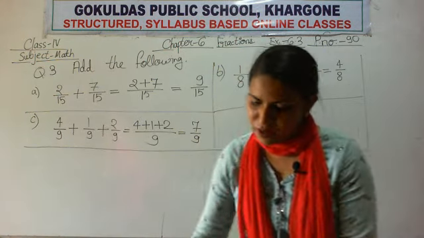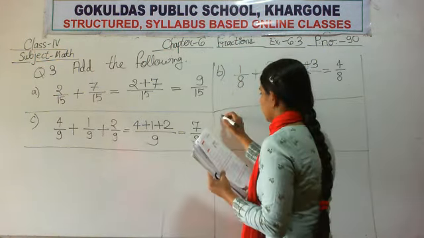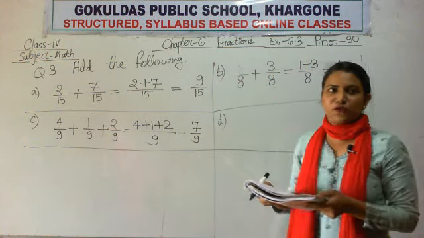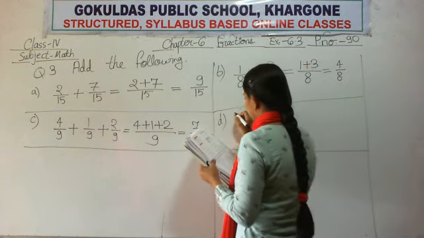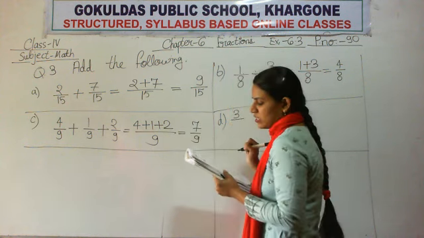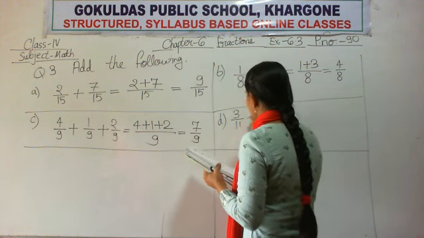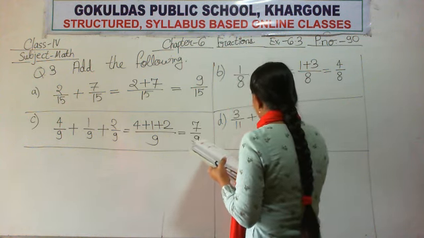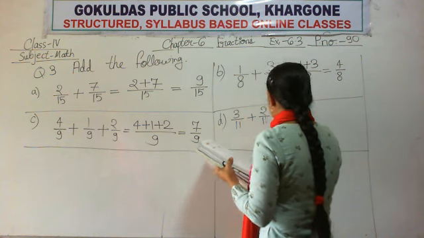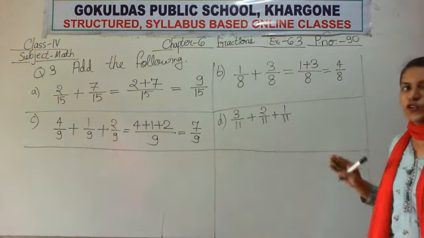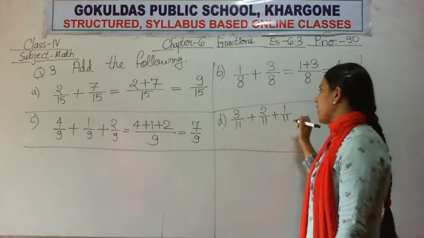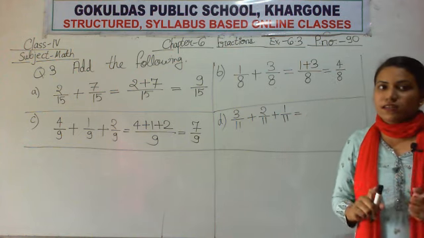Now question number D. I hope it is easy to add the fractions for you now. The given fractions are 3 upon 11 plus 2 upon 11 plus 1 upon 11. Three fractions are given. You want to add them. So for adding, what is the task?